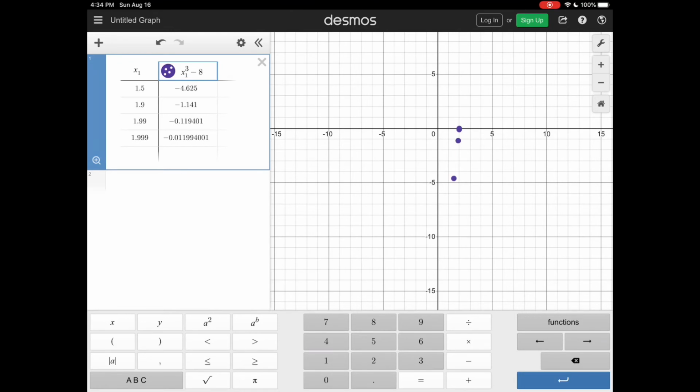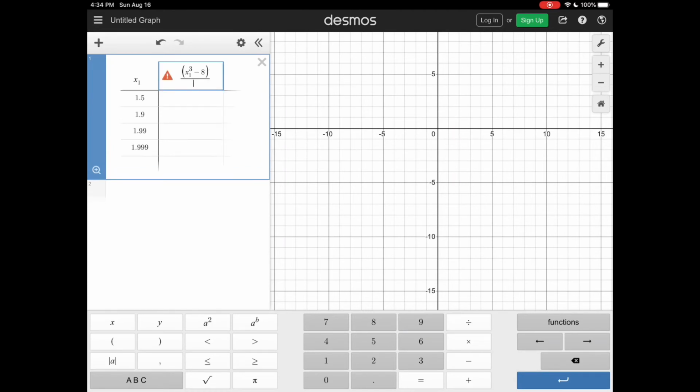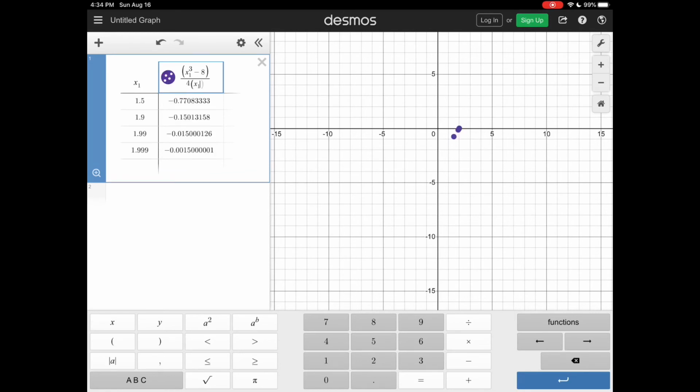And then I should have put some parentheses here, and I didn't do it, so I'm going to go back in and do that, so that I can divide the entire thing by 4 times x1 minus 2. All right. Hey, look at there. It's already filled in all of my y values for me in this table.